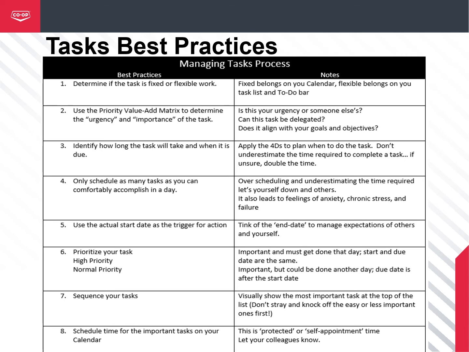So number 6 is prioritize your task. So we're going to talk about high and normal priority. A high priority is important and must get done that day. So the start and due date on your task are the same date. If it's a normal priority, it's something that's also important, but it could be done on another day.